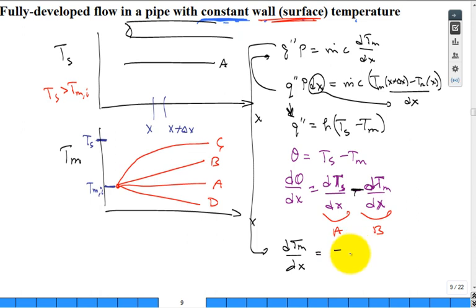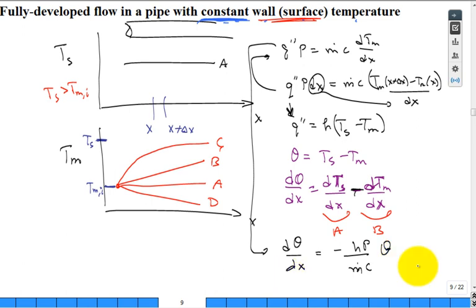I just showed you. H, P, m dot C, and then this is the theta there. Sorry. Couple steps I'm doing all at once.